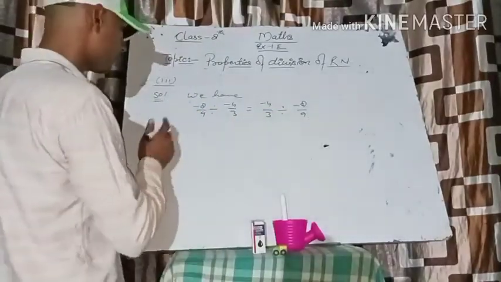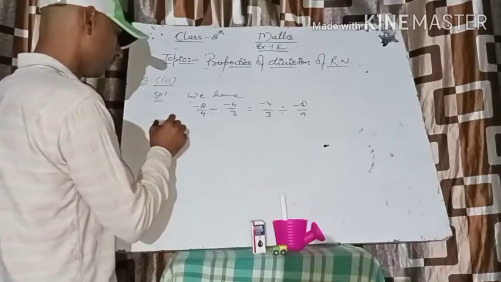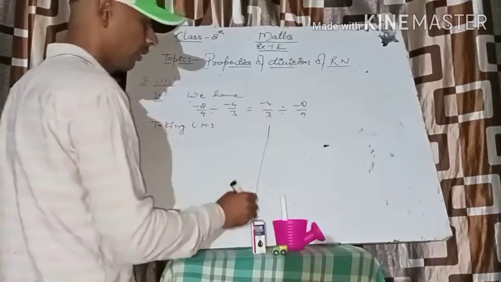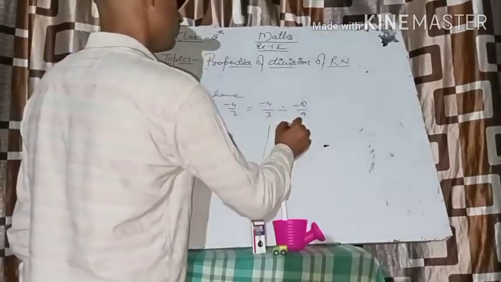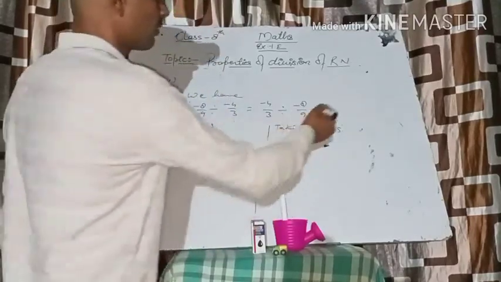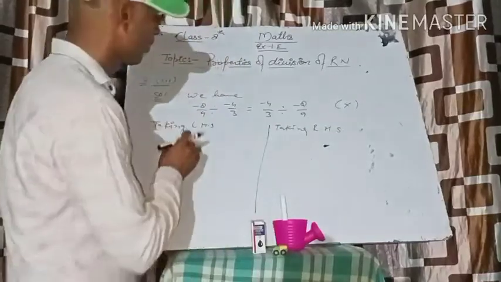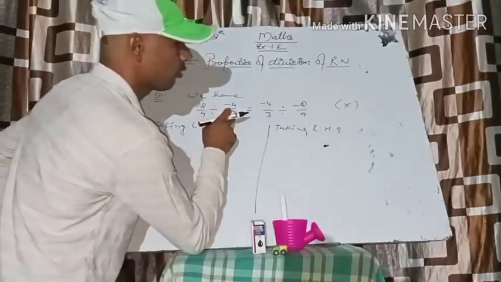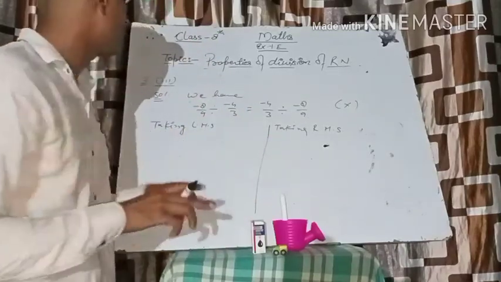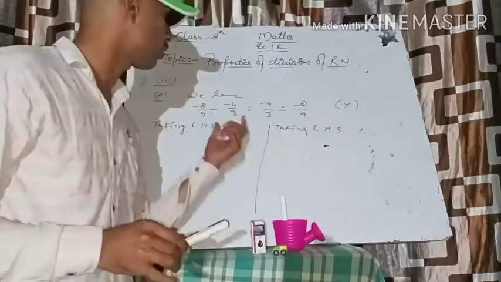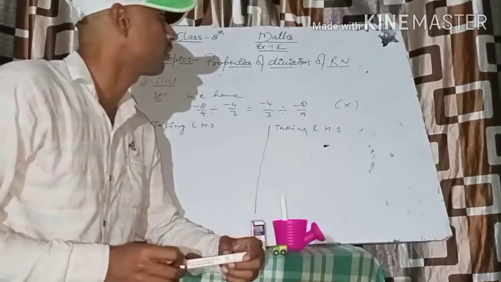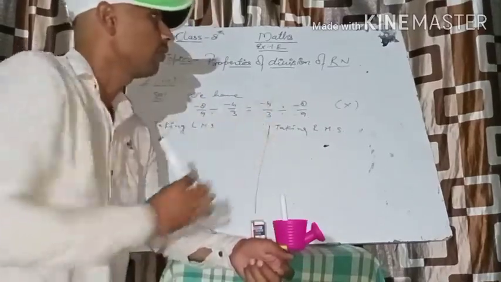Taking the usual LHS and RHS, you can simply say it will not follow. Because here it's p upon q and r upon s, and on the other side r upon s and p upon q. We have already learned that the commutative law is not followed in the case of division. So that's why it will be false.